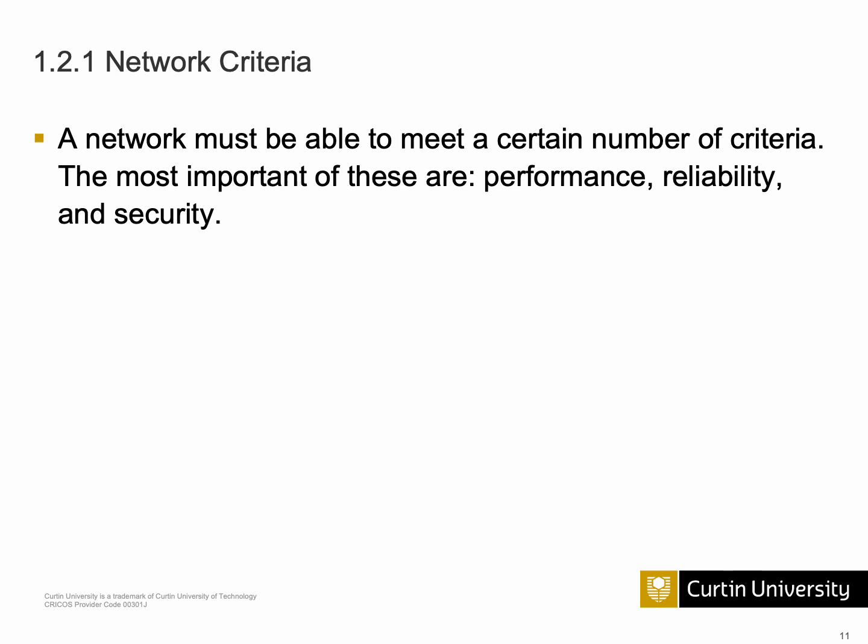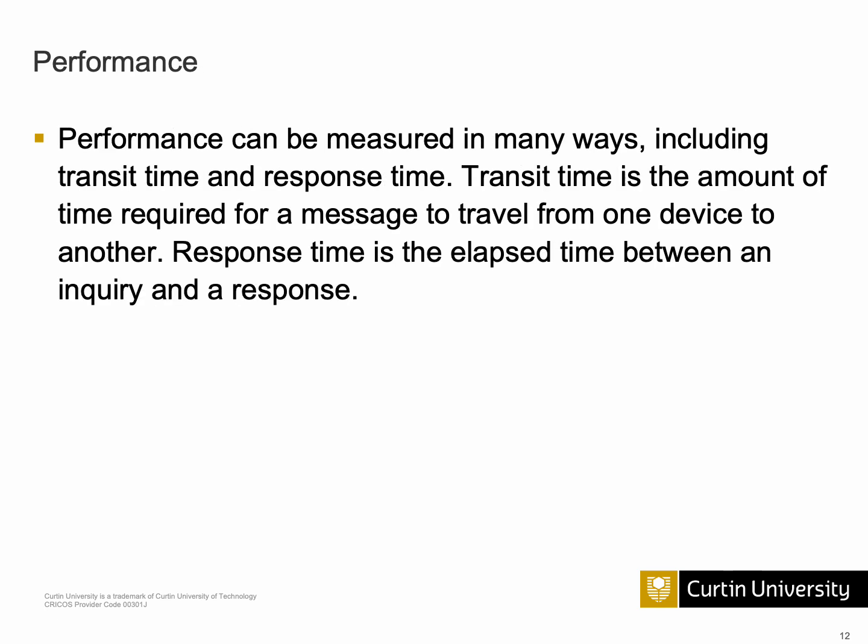There are a certain number of criteria that a network must be able to meet. First one is performance. In a network, performance can be measured in many ways. One is the transit time, the other is the response time.